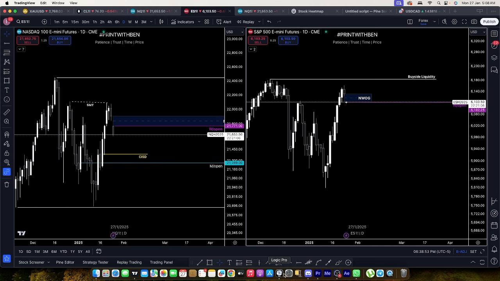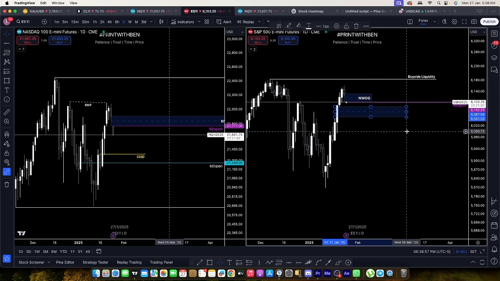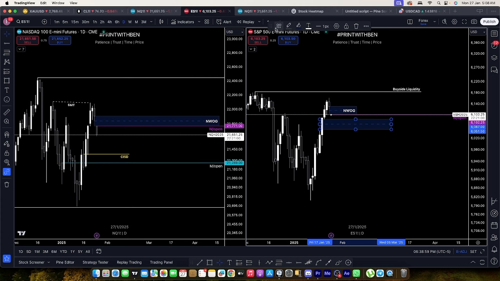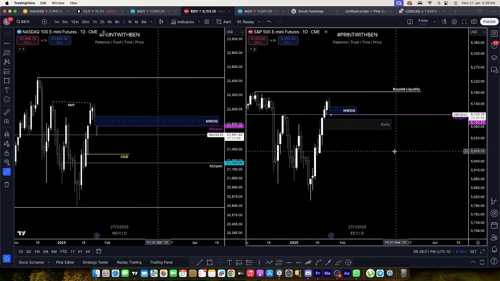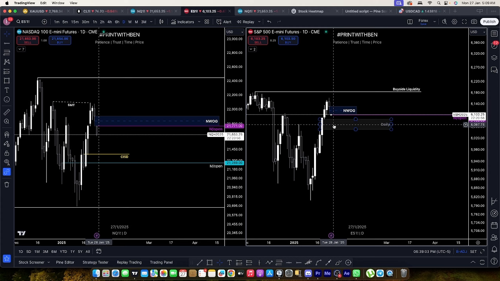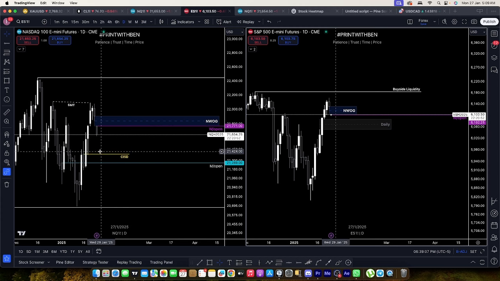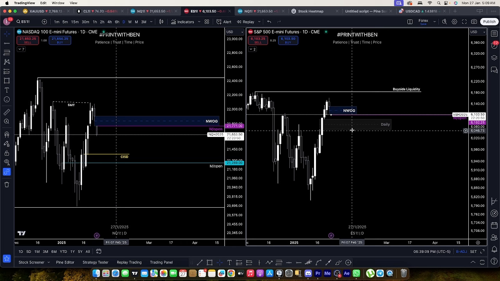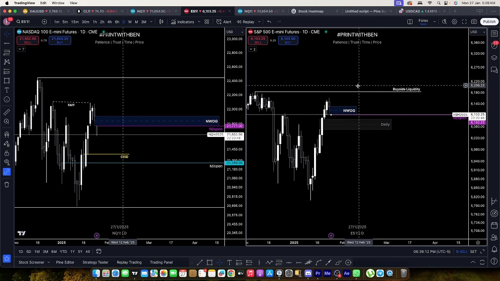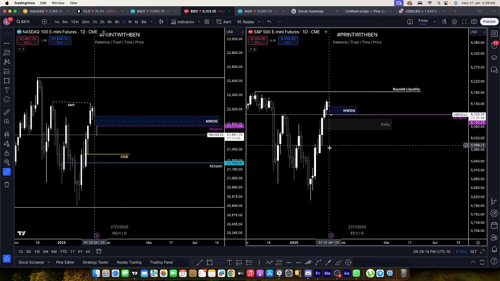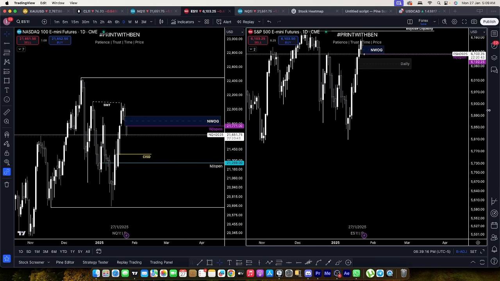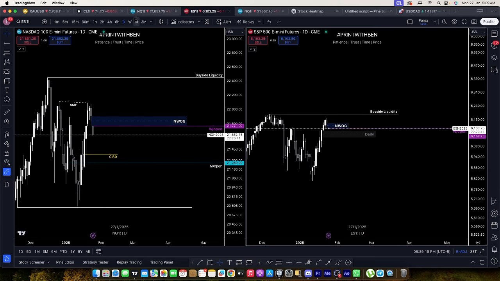We have this particular imbalance right here on the daily. So as ES comes into this imbalance, NQ should come here and do some sort of reaction. Based on the reaction, we can decide whether we're going to go up or it's a change in the structure and we're going to go down. So that is how I'm going to conclude this.